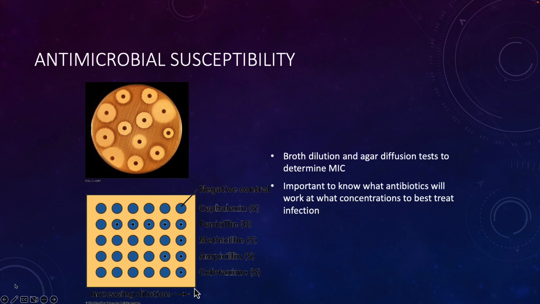It only grows at very low concentrations of the drug. So we would use this concentration to treat our patient with methicillin. We would use a little bit higher concentration of ampicillin, and then we would use this concentration right here of the cefotaxime. So it's important to know not only which drugs can you use, but also at which concentrations.